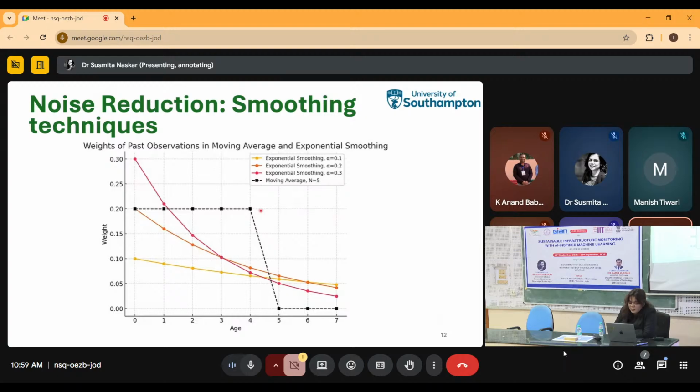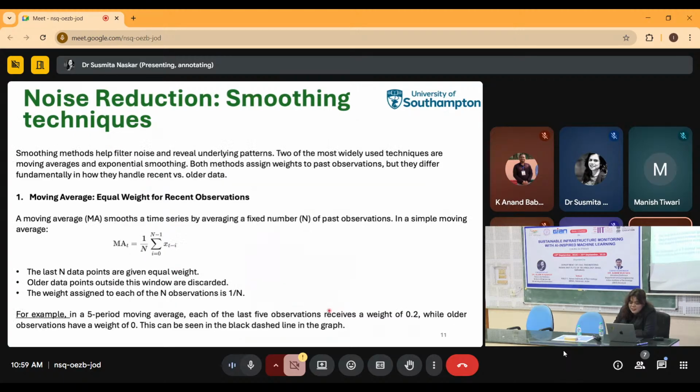That's the reason, if you look at this particular graph, the black one all became 0, right? The weight assigned to each of the n observations is 1 by n. So this is generally the equation by which we use the smoothing pattern. There are a lot of other equations and derivations associated with that, which we are not looking into because it's a big derivation.